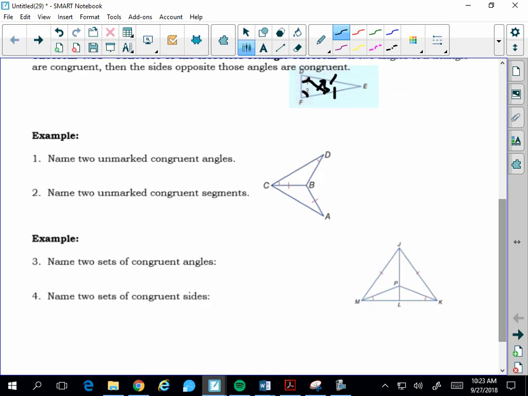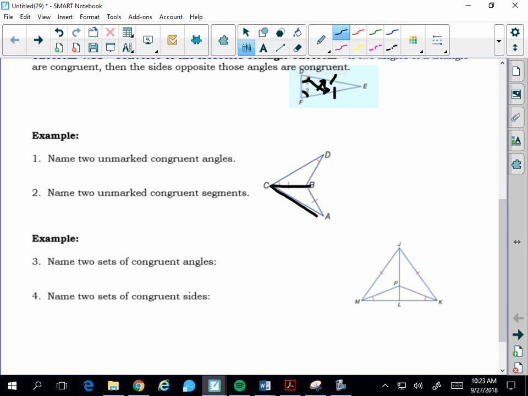These examples, it says name two unmarked congruent angles, because they told me that C and D are congruent there. If C and D are congruent, I want us to take a look at the other triangle.